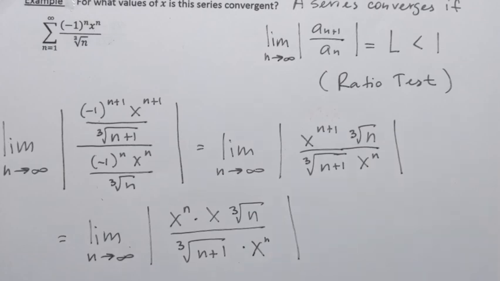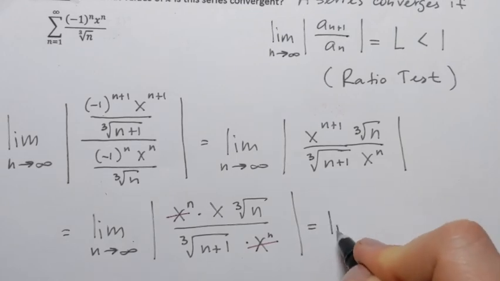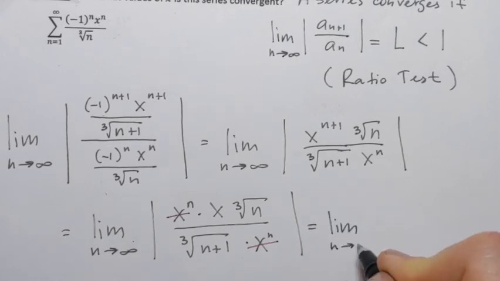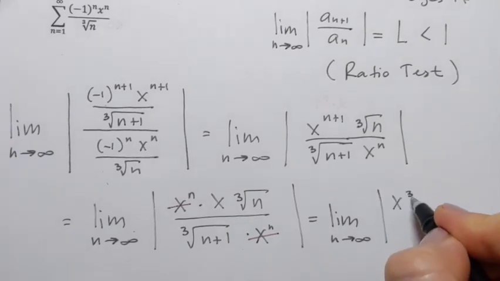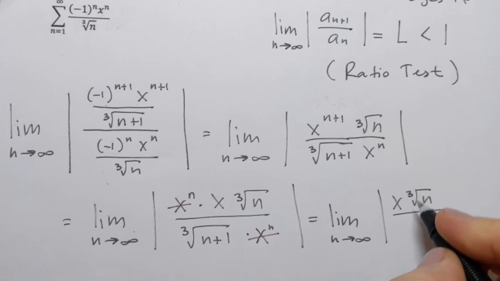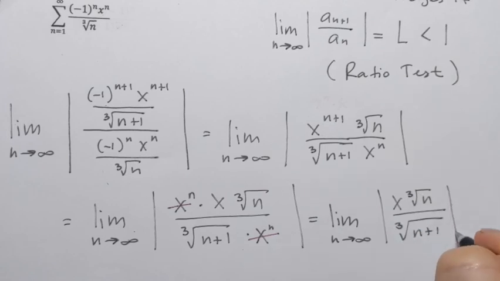And now I can see that x^n goes away. I can divide that out, and that's what I'm left with: x times the cube root of n over the cube root of n plus 1.